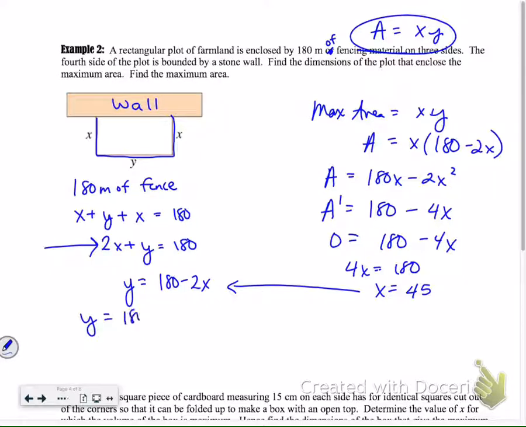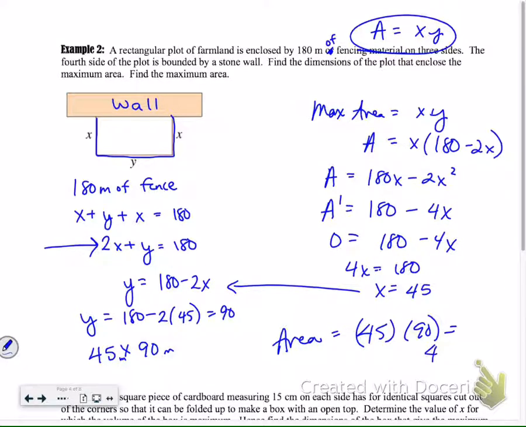So y would be 180 minus 2 times 45, which turns out to be 90. So my dimensions would be 45 by 90, 45 meters by 90 meters. My area then would be 45 times 90, which should be 4,050 meters squared.